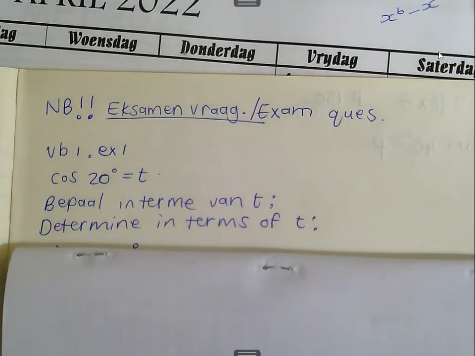Alright. Now the question is to determine in terms of t. Determine in terms of t. Do you know what it means when I determine something in terms of t? There can be numbers in your answer. There can be exponents. There can be calculations. And there can be a t or t's. That means you're not going to get a specific answer.